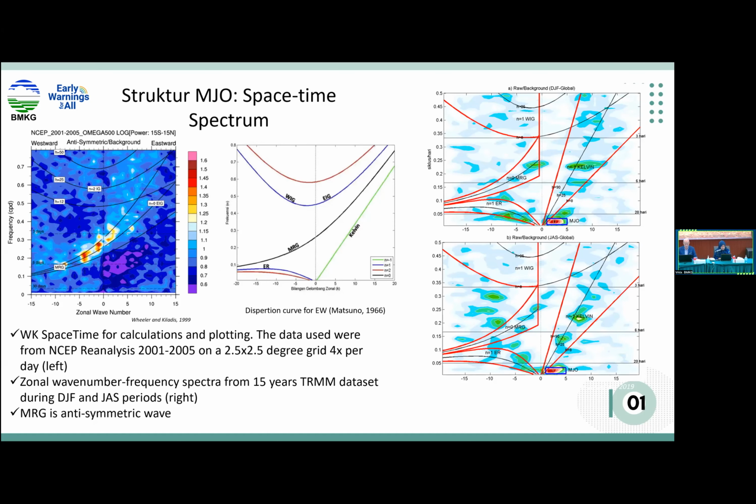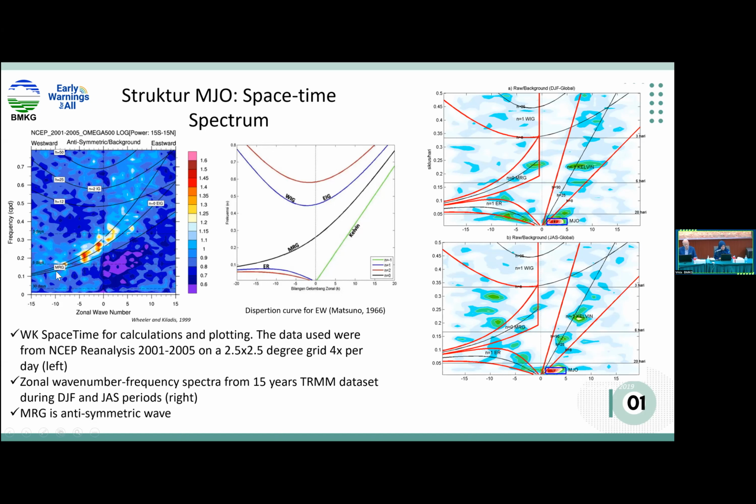This is the structure of MRG based on the space-time spectrum. In the left panel, we can see MRG is an antisymmetric wave. This line is the dispersion of MRG.